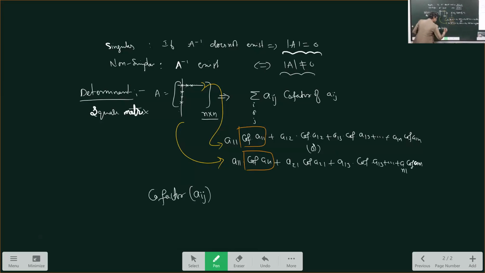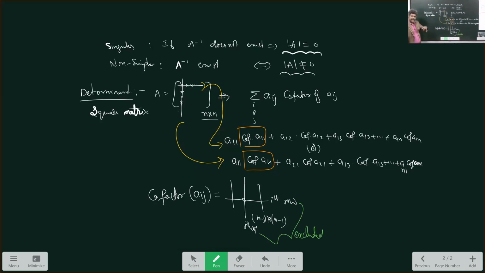This is nothing but the minor of order n minus 1 cross n minus 1, I repeat, by excluding the ith row and jth column. This is the position called the Aij position. So these two, the row and column, are excluded, meaning they are deleted from the given matrix.